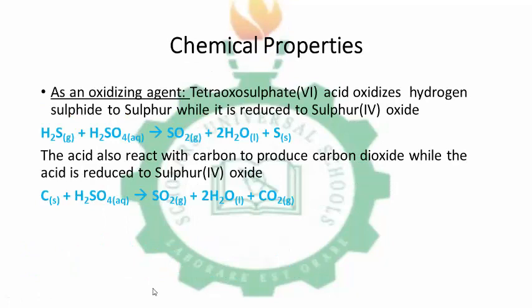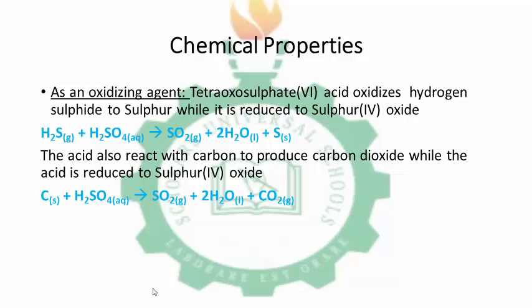Now, as an oxidizing agent, tetraoxosulfate VI acid oxidizes hydrogen sulfide to sulfur while it is being reduced to sulfur IV oxide. We've discussed this many times under the chemical properties of hydrogen sulfide. The acid also reacts with carbon to form carbon IV oxide, which is carbon dioxide, while the acid is being reduced to sulfur IV oxide.